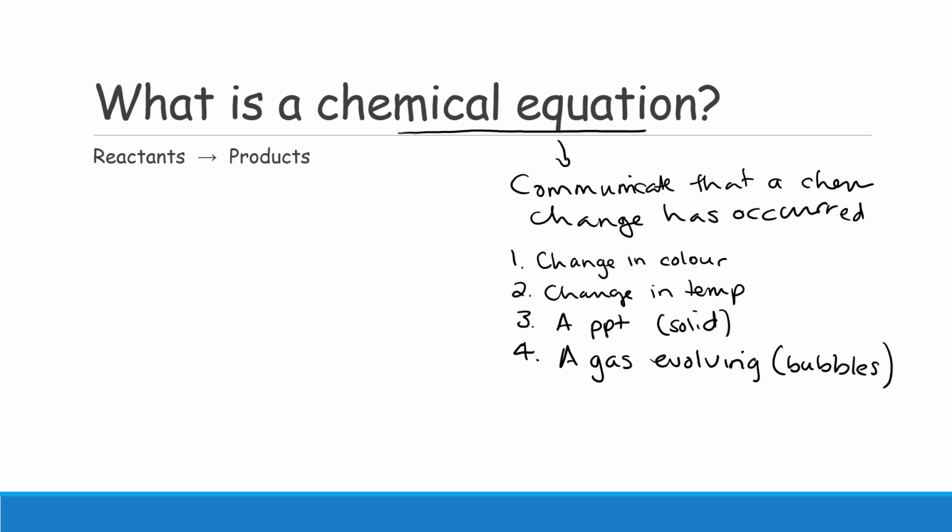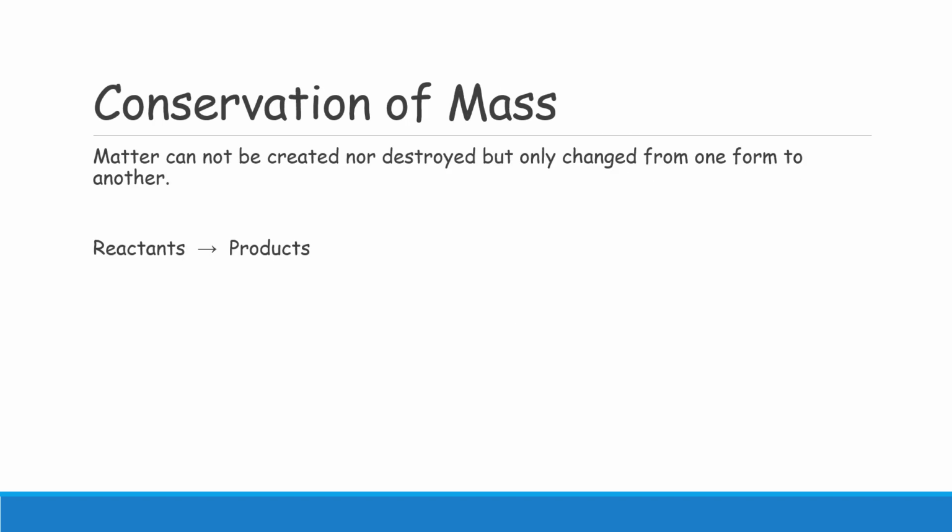Now, all chemical equations are written in the format of reactants are converted to products. All chemical equations must obey the law of conservation of mass. The law of conservation of mass says that matter cannot be created nor destroyed, but only changed from one form to another.